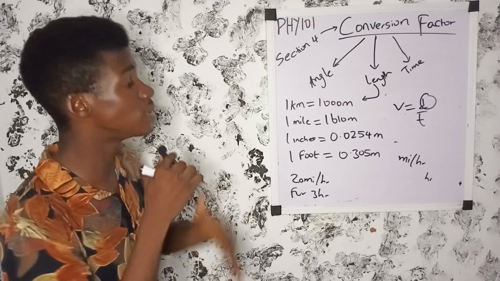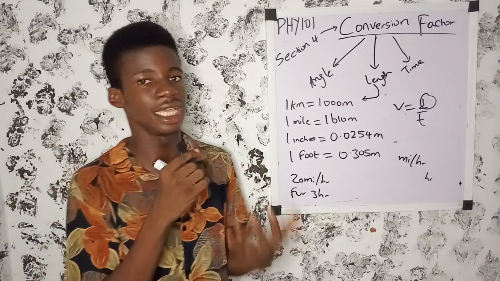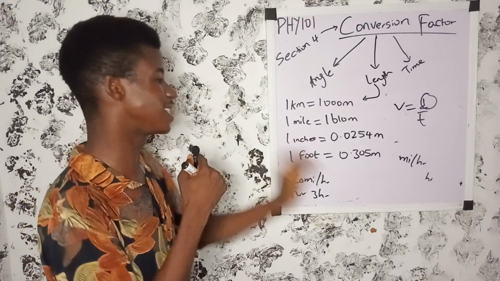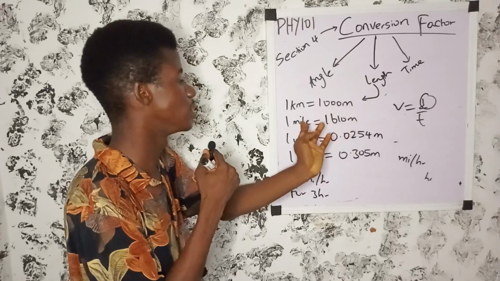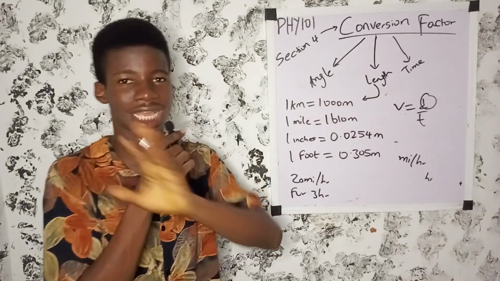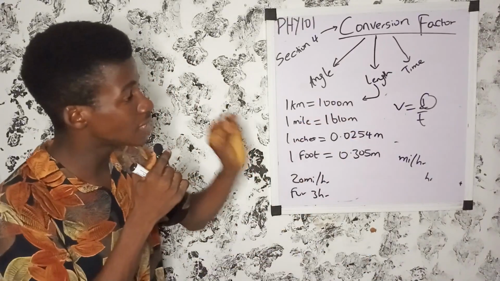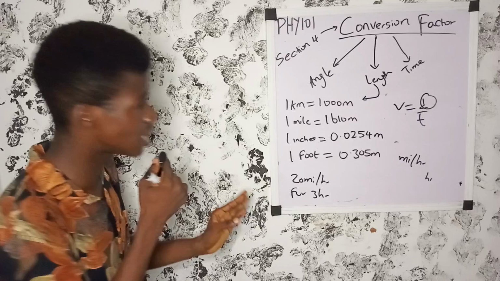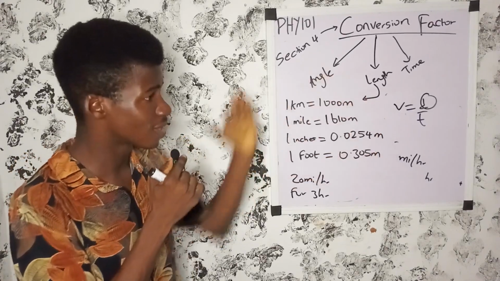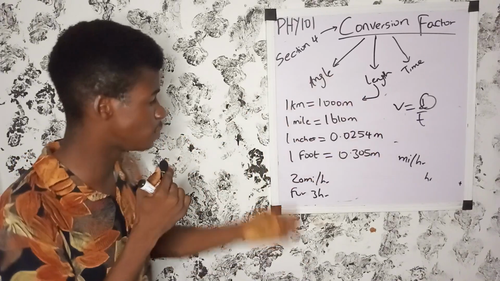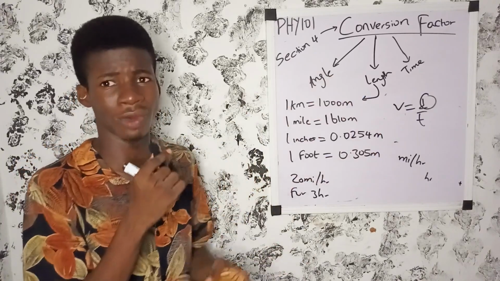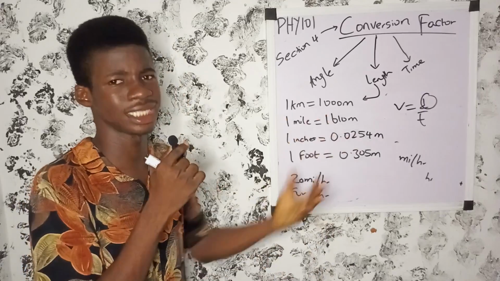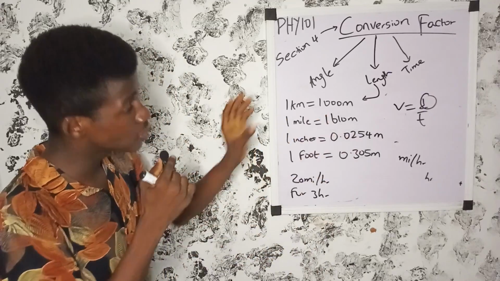That's what I was trying to tell you. You can never see a question that tells you to convert mile to meter. They can never ask that kind of question. They ask in a different format. Like in this question, a car was moving with a velocity of 20 mile per hour for 3 hours, calculate the distance traveled.